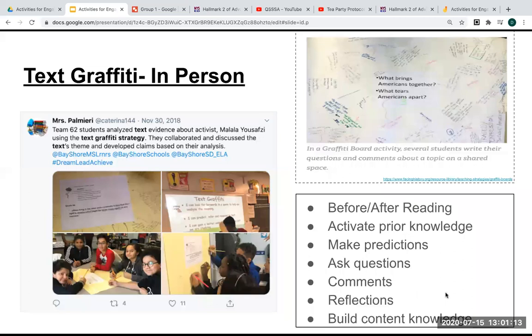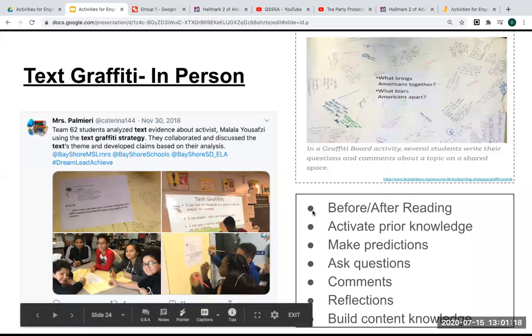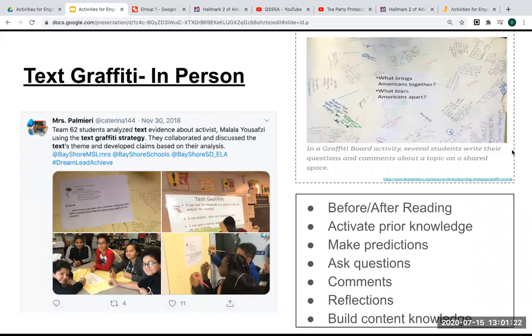You can see these images, one is from Twitter and one is from another resource, which I credited here. You can see that the teacher has taken a large piece of chart paper, and they've put the discussion, whether it's questions, a quote, an excerpt from a text, a full text, or an image, in the center of the space, and then students are all collaborating.